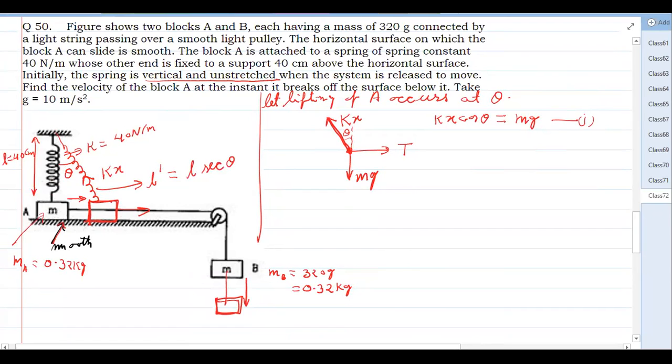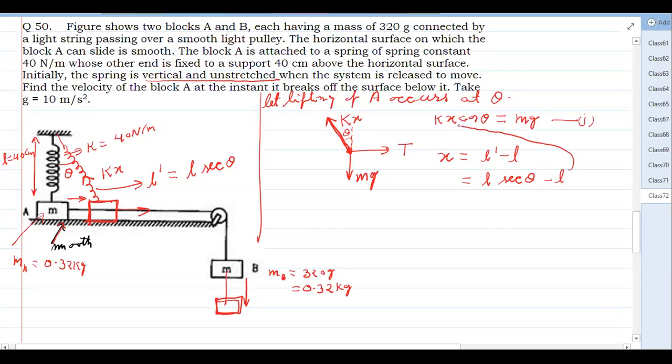Initially the length was L. Now after it has moved by theta, the extended length is L sec theta. So the elongation x will be equal to L dash minus L, which is L sec theta minus L, where L is the natural length, 40 centimeter. So this is x.